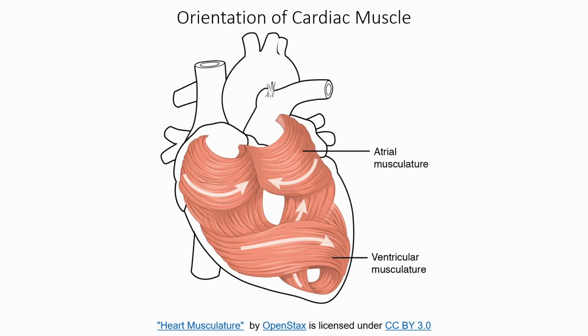If we look at how the muscle is wrapping around, or the direction the fibers run, we have a kind of cool pattern in my opinion. We look at the atrial musculature, we see that they form little C's or circles. But when we look down at the ventricular side, it's almost like a figure 8.